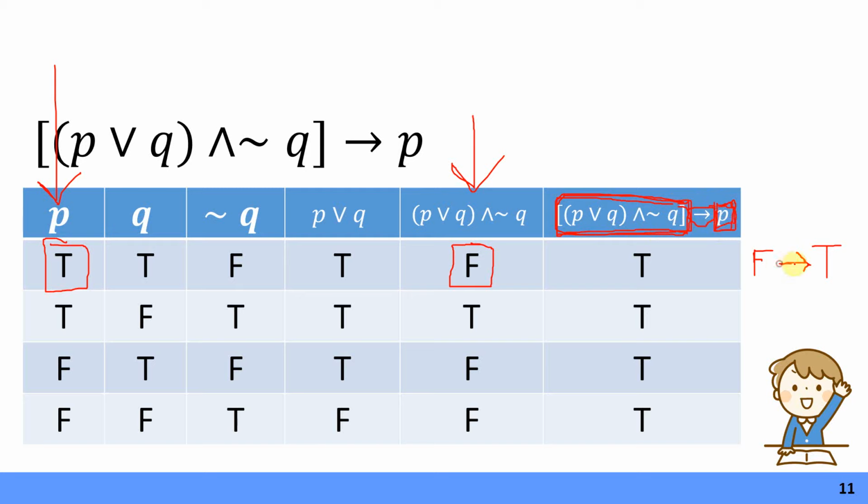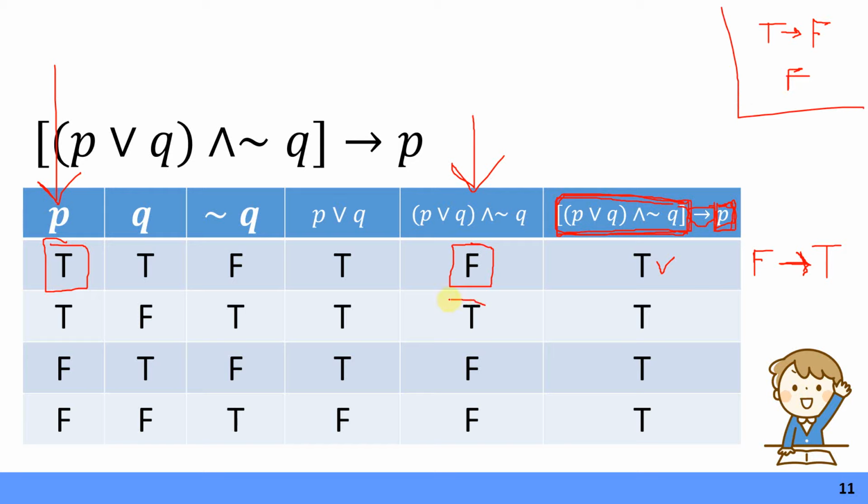So if false, then true. For this one, you should know that this one is true. Because remember, for a conditional, it's always true. The only one that's false is when you have this right here. This is the only one that's going to end up being false. So let me just put this on the side. That's the only one that's going to be false.